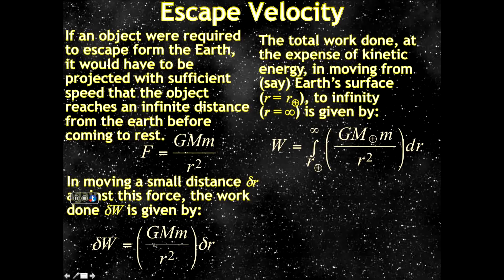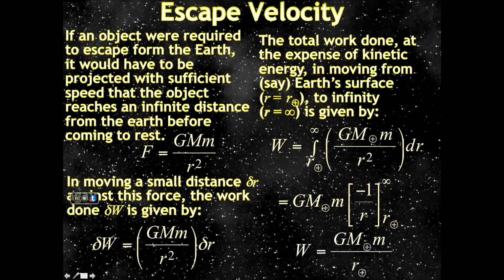We have to integrate, because every time we move out, r changes, to get the total amount of work done to get it to infinity. So if we integrate, we get something that looks like this, and then we have to put in the limits. Well, 1 over infinity is 0, and so once we get that in, the work done is now GMm over r. So this is the amount of energy that it has to have.